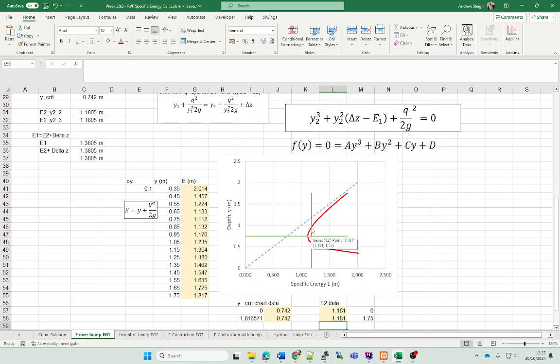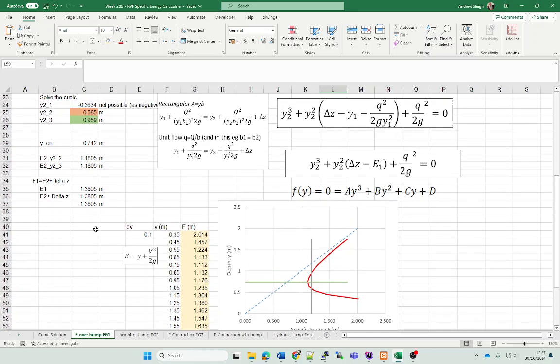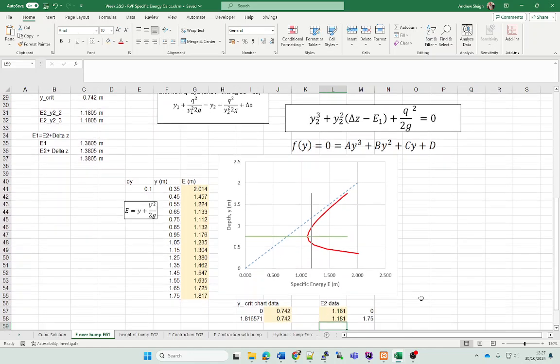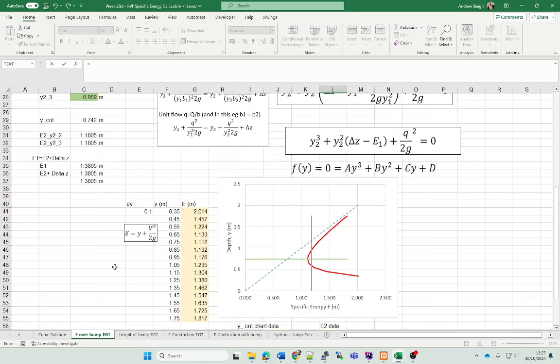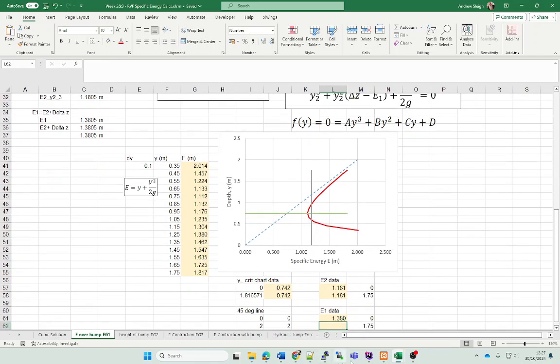This is saying that the two solutions for the energy were here. One was at that point, which is not actually identifiable apart from reading it off the graph. So in fact we have the two solutions at about 0.95 and one now at 0.58. And we probably should have E1, the initial energy going in, which was 0.313805, and again the second one is in there.